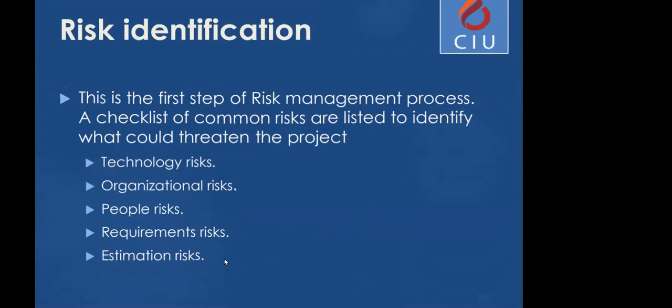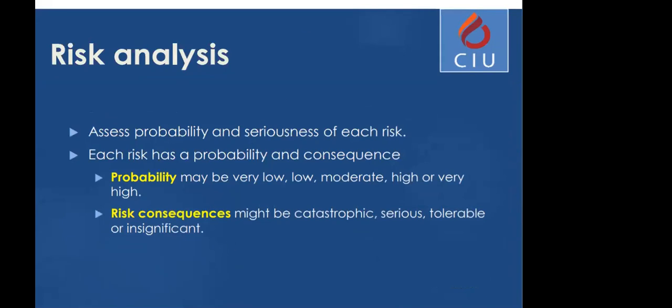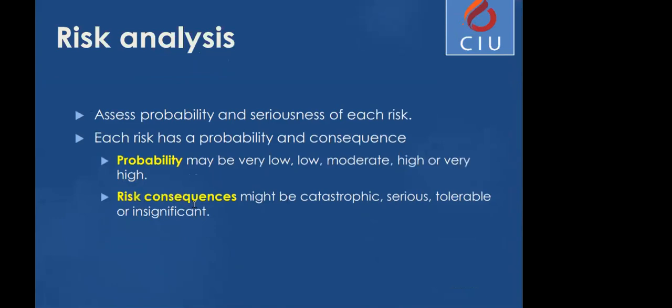Once you have done this, the risk should be analyzed. The probability and the seriousness of each risk should be decided. One of the most important things you should know is that probability and consequences are not really related. A risk could be very unlikely to happen, but its effects could be catastrophic.